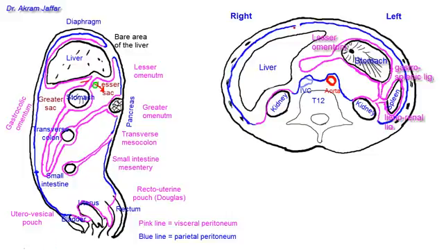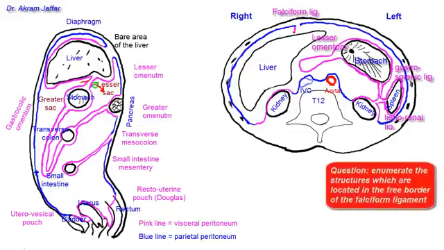Now I'm going to draw one of the leaves of this double fold, and this is the falciform ligament, one of the leaves of the falciform ligament, extending from the diaphragm, anterior abdominal wall to the liver, and the peritoneum encloses the liver, completely surrounds the liver here.